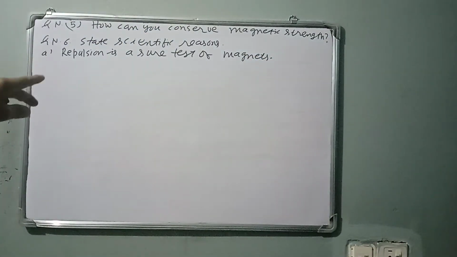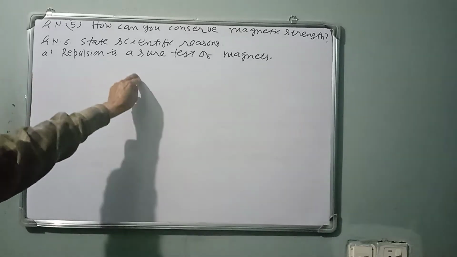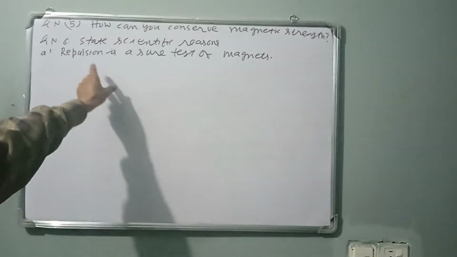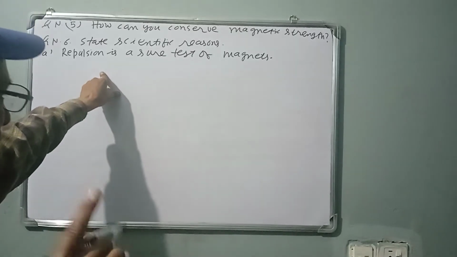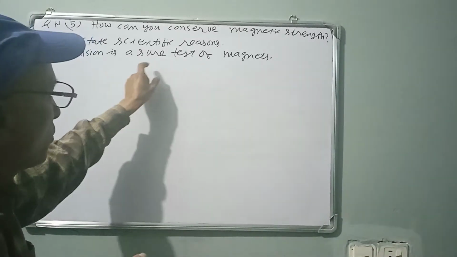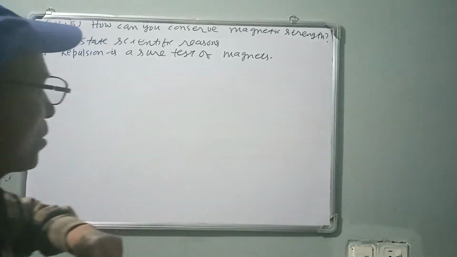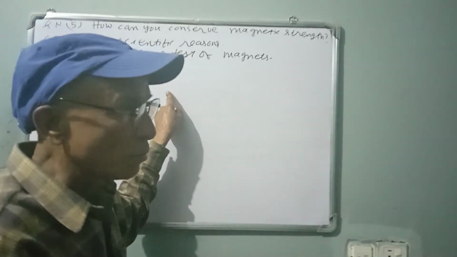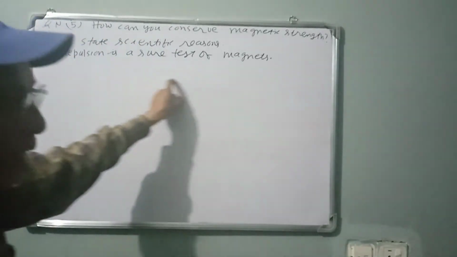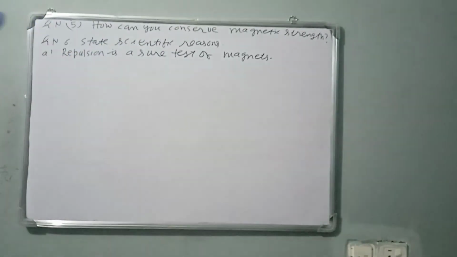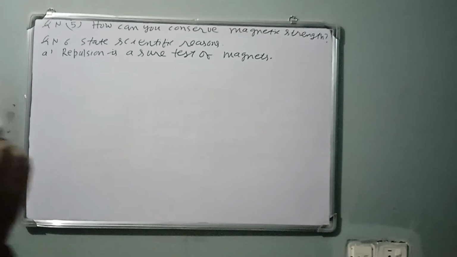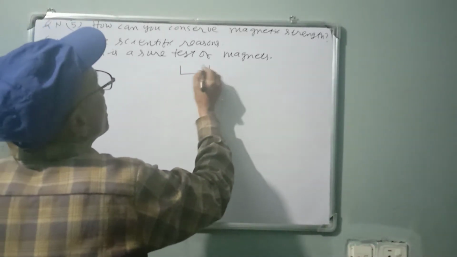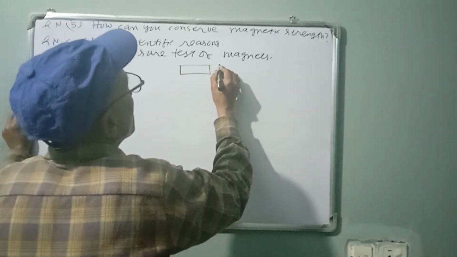Attraction is also a test, but it is not a 100% sure test. Repulsion is a sure test of magnets. First of all, you have to write down like poles repel. Like poles of a magnet repel, don't attract each other. But unlike poles attract. So, since unlike poles attract, we can easily find out which is a magnet and which is a magnetic body.